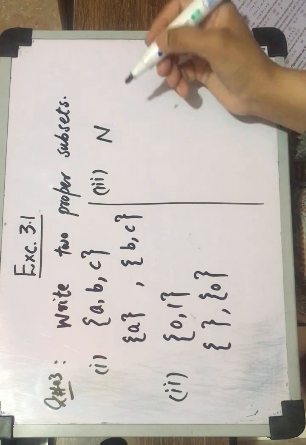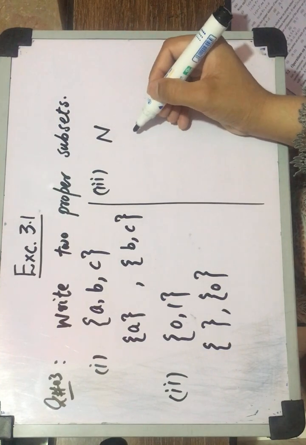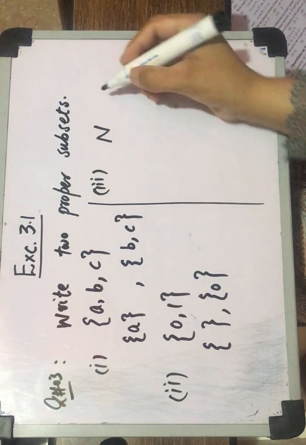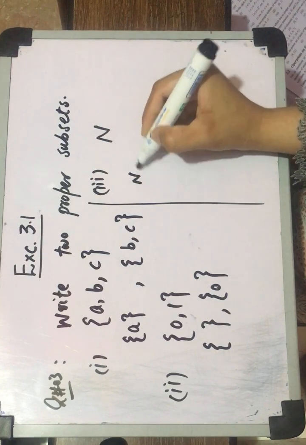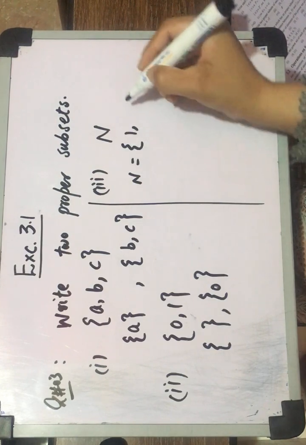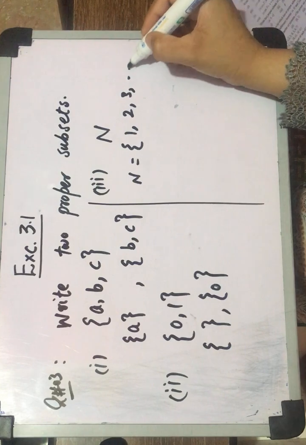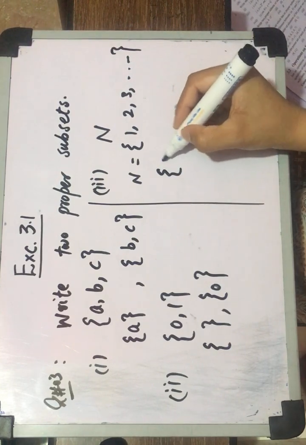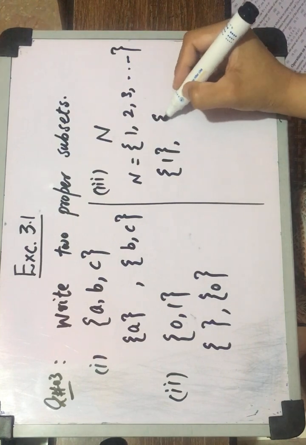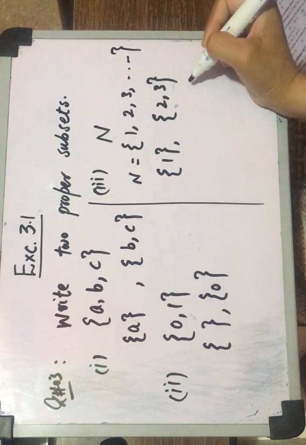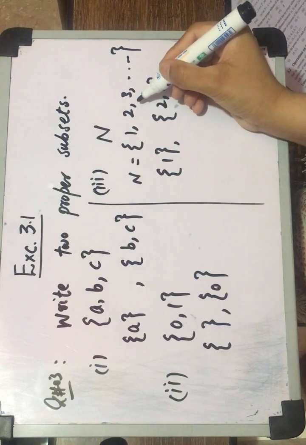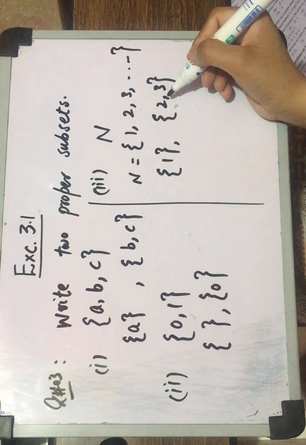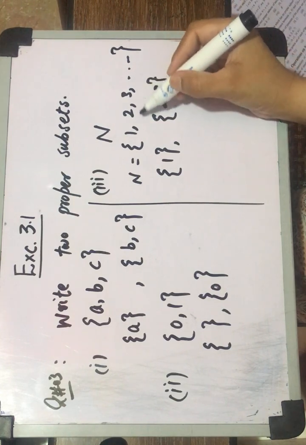N is the set of natural numbers, and I can write natural numbers equal to {1, 2, 3} and so on. In one set I'm going to write {1}, and the second will be {2, 3}. These both are proper subsets of the natural numbers, and in this way you can make any number of proper subsets of natural numbers.